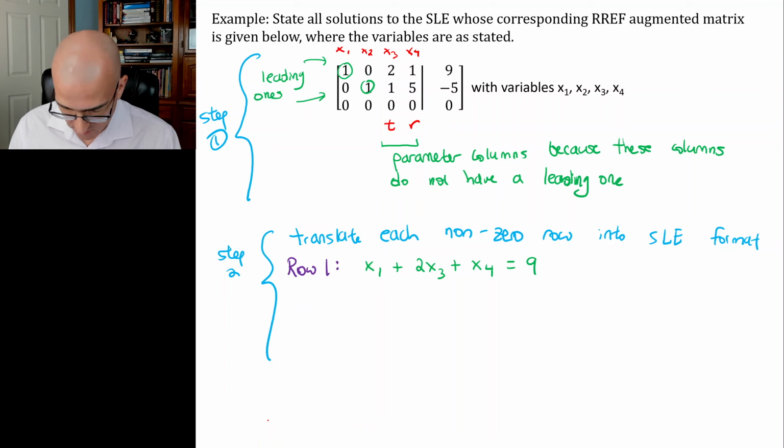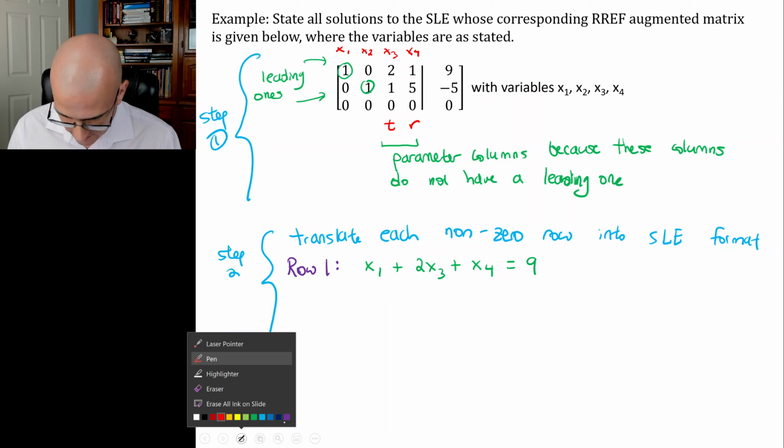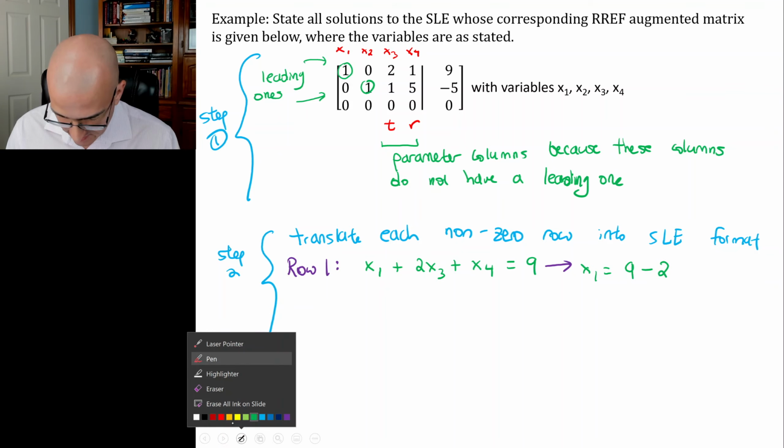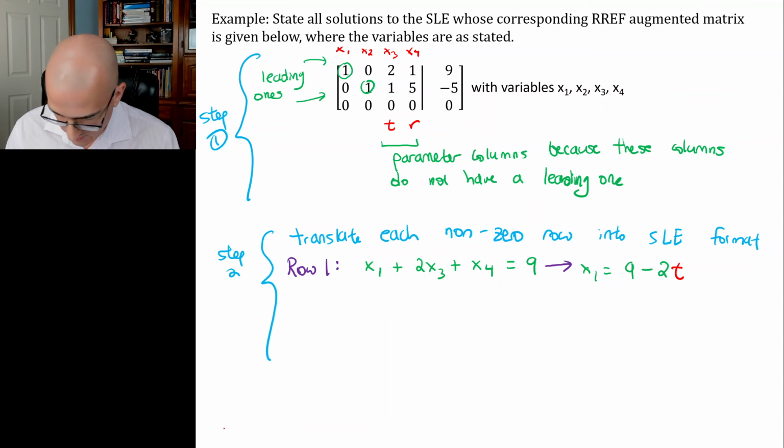For x3 and x4. So I'm going to rewrite this as x1 is equal to 9 minus 2 times x3, so 2 times t, minus r. And that's my solution for x1. I can state what x1 is in terms of those parameters t and r.